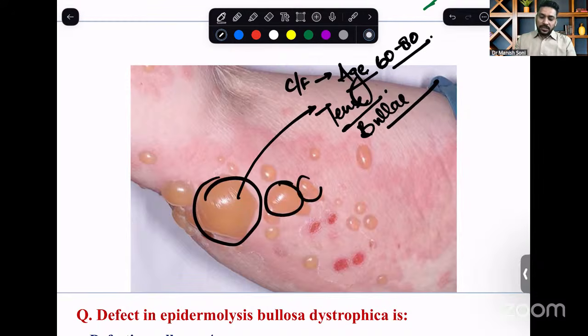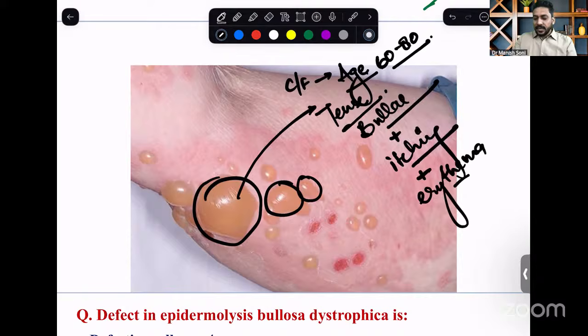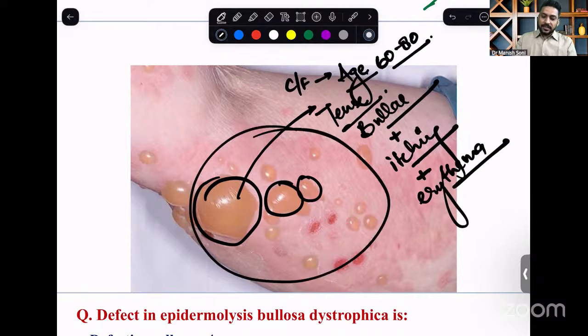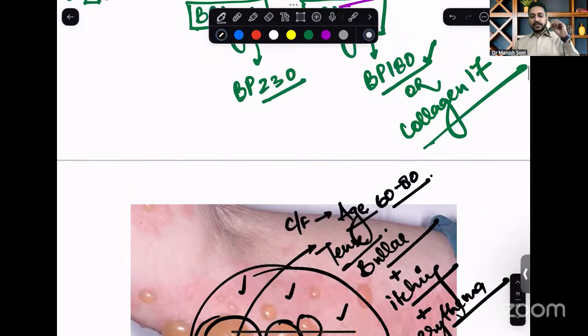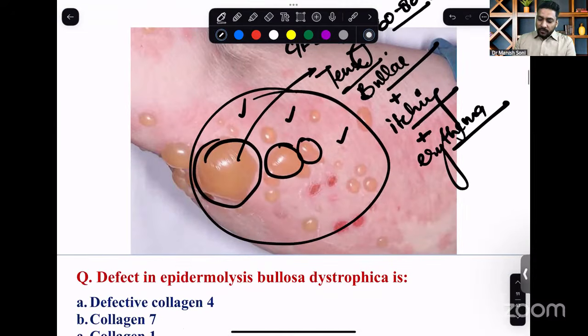So large tense blisters with itching and perilesional erythema. Generally there is redness around these lesions, as you can see. So there is a red area surrounding them. And sometimes when these blisters start healing, you will find milia formation.